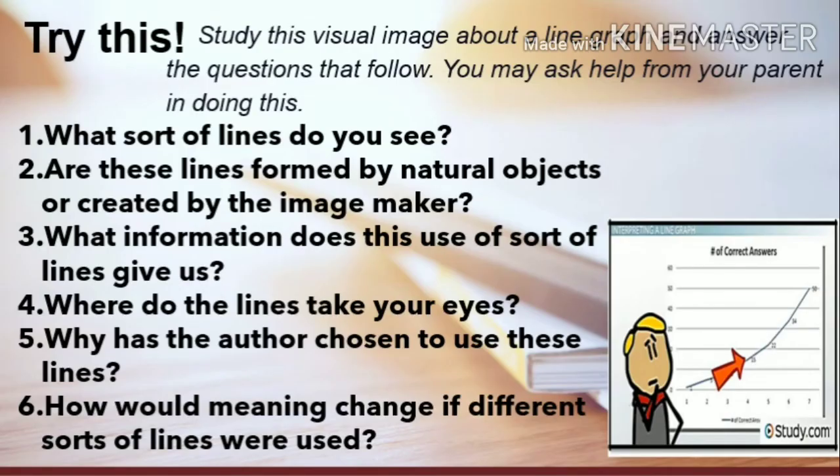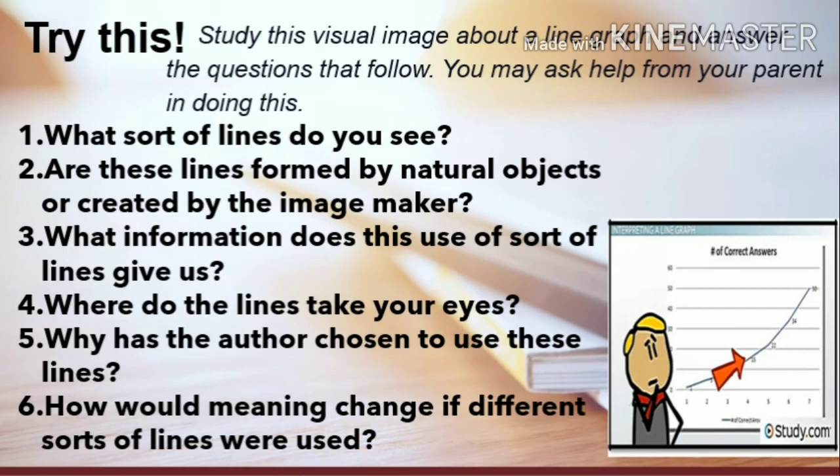Now let's try this. Try to study this visual image about a line graph and answer the questions that follow. You may ask help from your parents in doing this. Number 1. What sort of lines do you see?